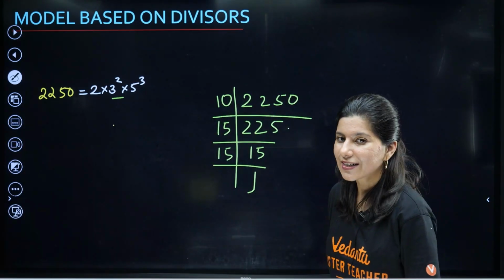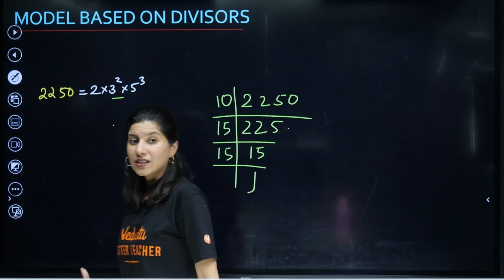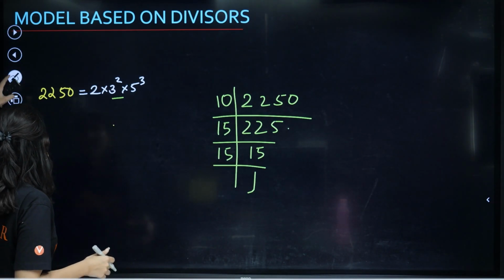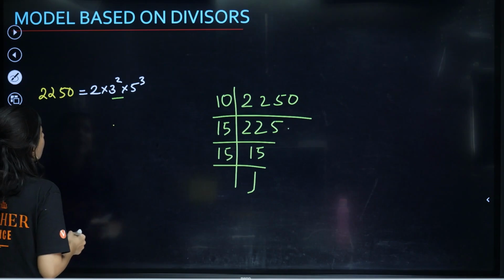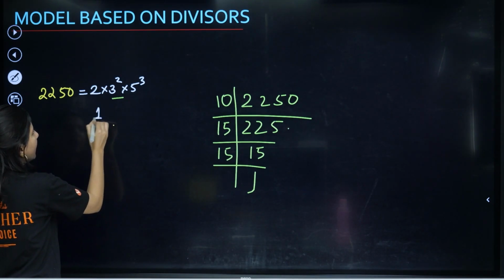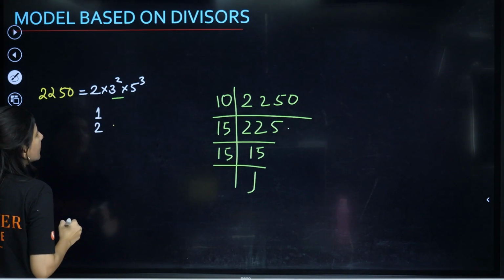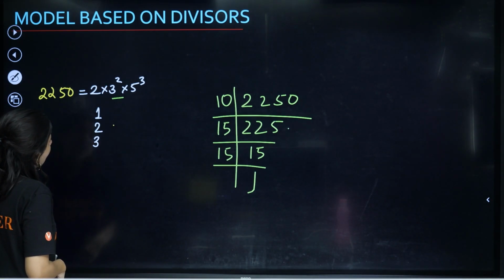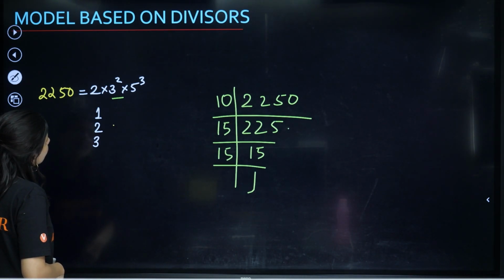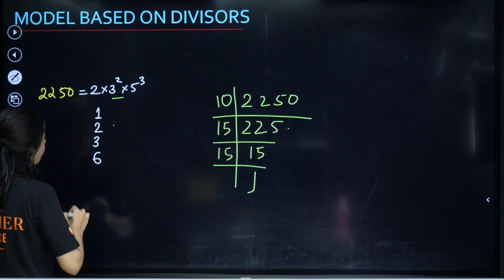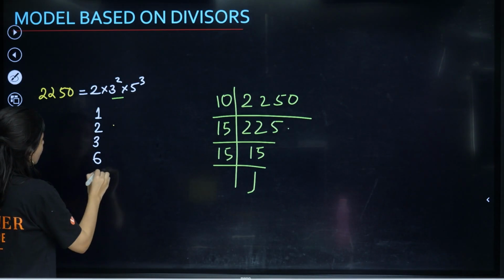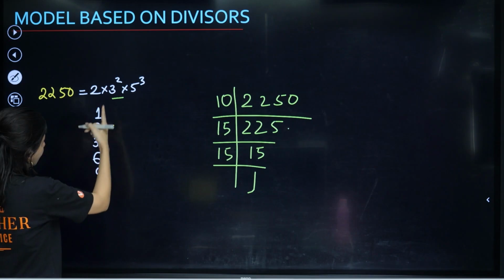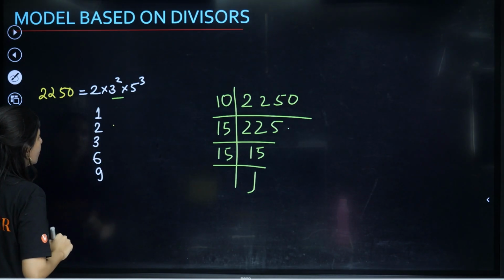So now just tell me, what are the divisors of this number? Let us list down all the divisors. 1 will be a divisor and 2 will be a divisor. Then 3 will be a divisor, and after 3 we have 6 as a divisor. Then 9 is also a divisor. 12 will not be there.